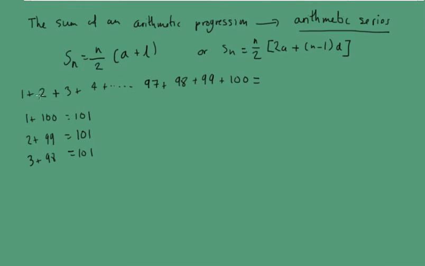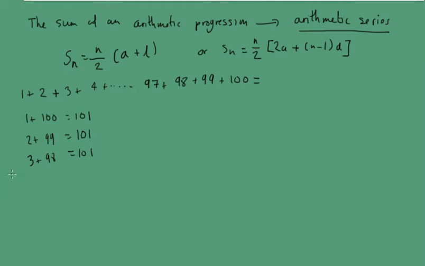So if you add the terms working your way back, you can then multiply the number of sums you've got by the 101, and you will get the answer. So this is how you get the sum of an arithmetic progression.